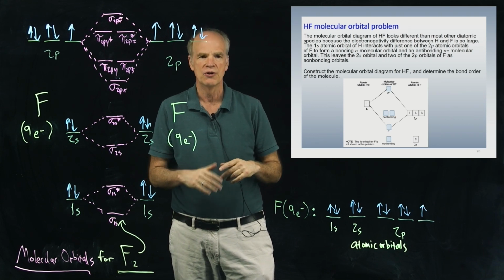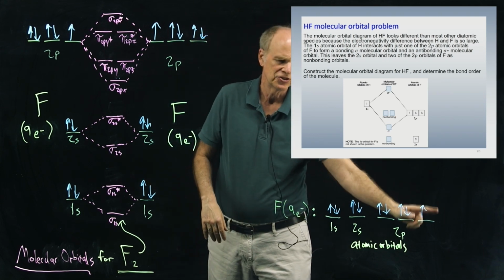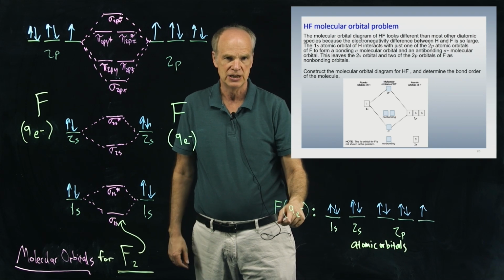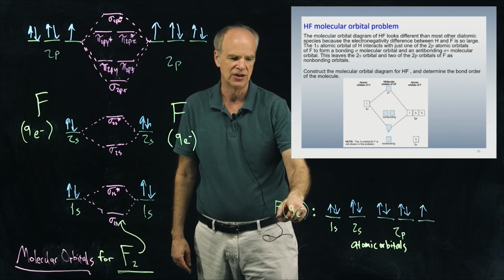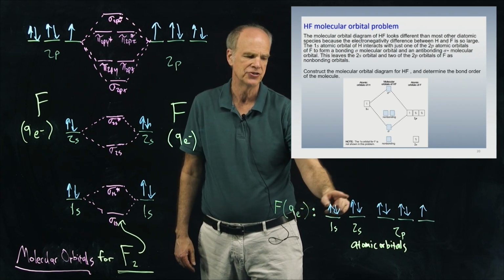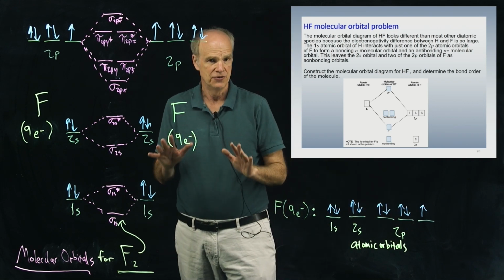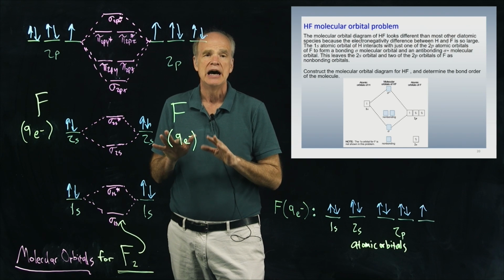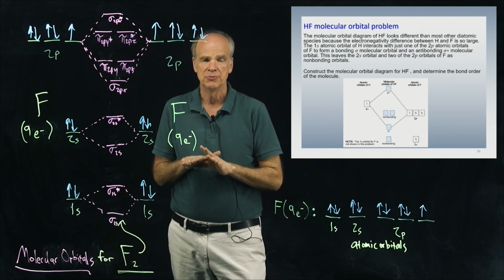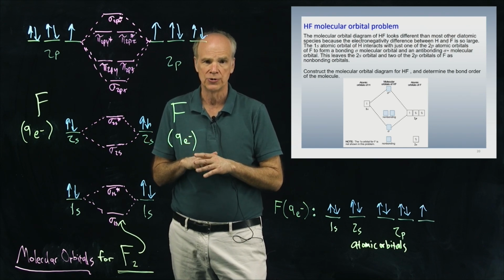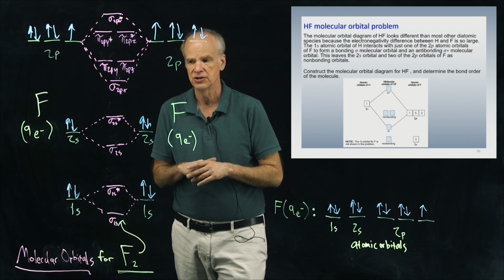So just to get oriented here, here we have the electron configuration of a single fluorine atom. Fluorine has 9 electrons, and there are 2 electrons in 1s, 2 electrons in 2s, and 5 electrons in 2p. So again, first off, let's just imagine how 2 fluorine atoms form molecular orbitals to form the diatomic fluorine molecule.